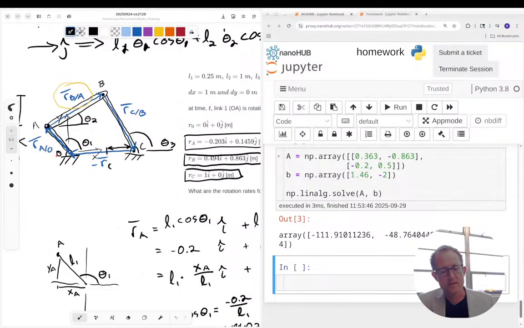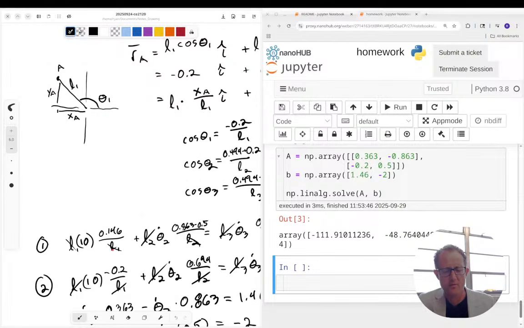Sine theta 1 should be 0.1459 over L. Oh wait, L1. No. What did I do wrong here?